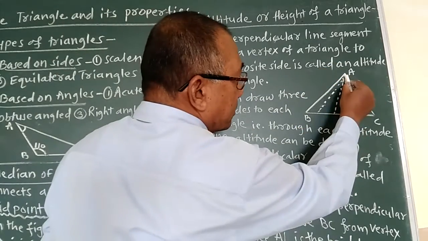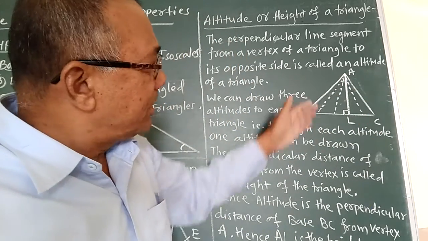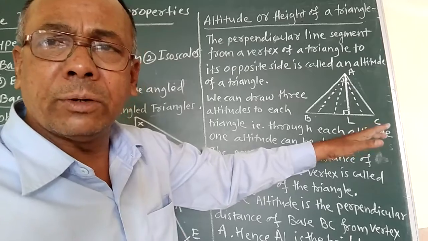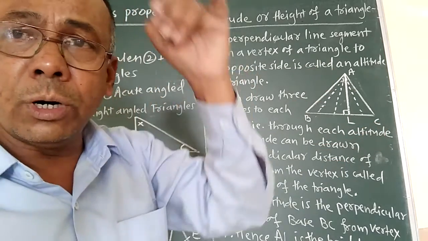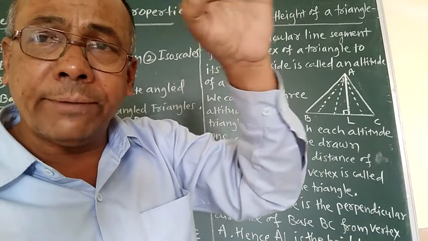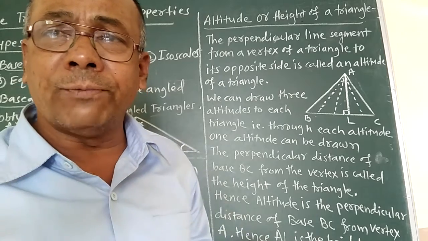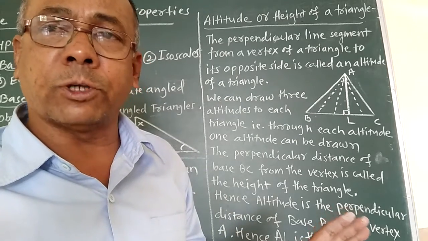If we draw here, dotted lines are shown, but these lines are not perpendicular, only one line is. Means through a point above the line segment, only one perpendicular segment or line can be drawn. Not more than one is possible.